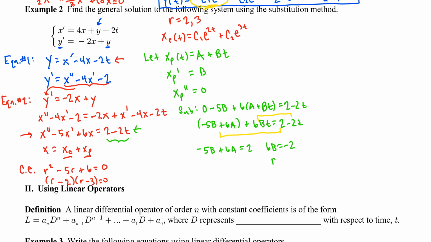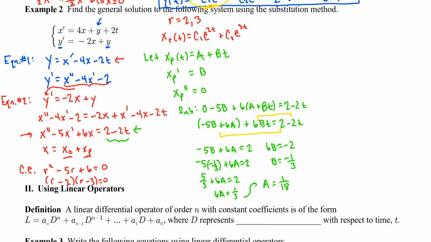Well, from that second equation, we can see that b is negative 1/3, and then we can use that information over here to solve for a. So we end up with a equals 1/18. So b is negative 1/3 and a is 1/18.